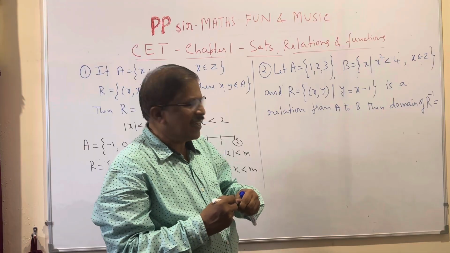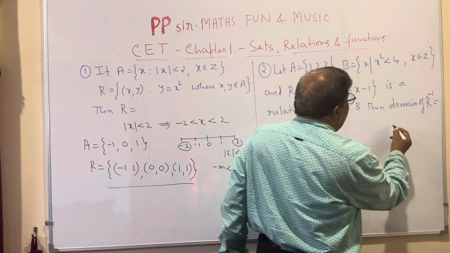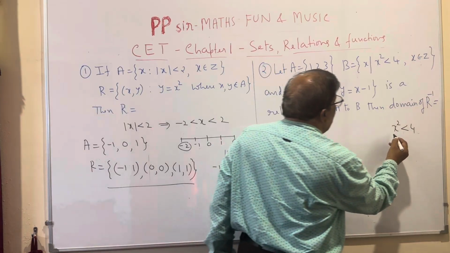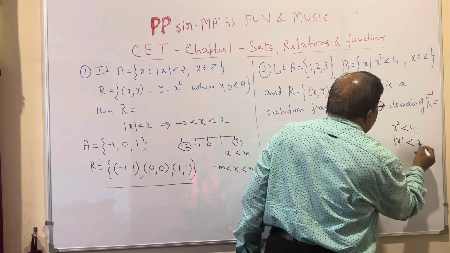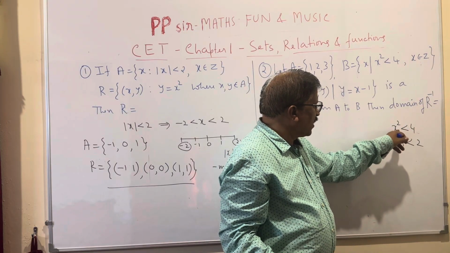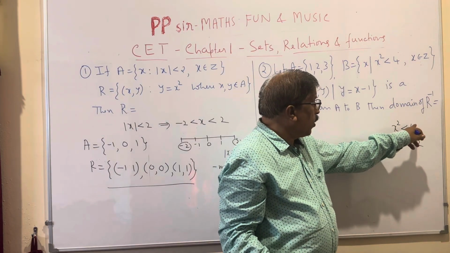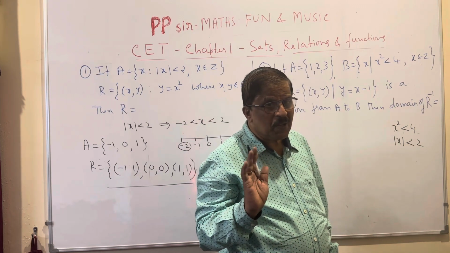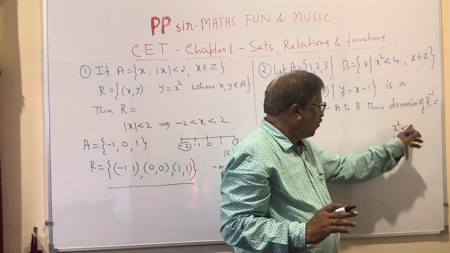That you should understand. X square less than 4 is the same as mod x less than 2. You take the square root of this one: x square gives mod x, and the square root of 4 is 2, not plus or minus 2, remember.